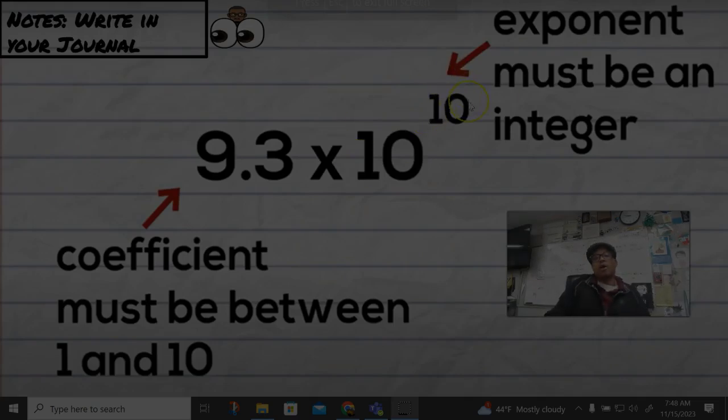We'll talk about the positives and negatives on the next slide. But if it is positive, then you're going to move the decimal place to the right, like 1, 2, 3, 4, 5, 6, 7, 8, 9, 10. And if it's negative, then it would move to the left. Make sure to get this note in there, and that note goes with this next note.